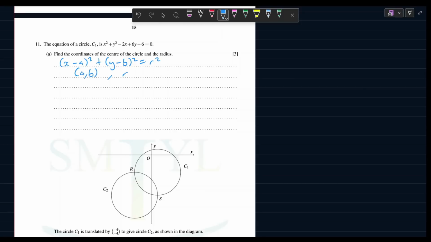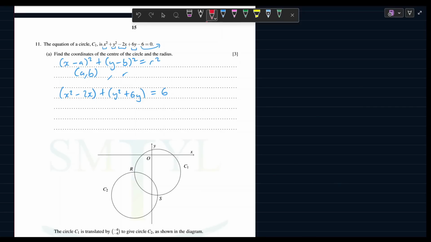And so the way we're going to do that is first we group the terms that have x together. So we want to have x squared minus 2x, and then group the terms that have y together. So plus y squared plus 6y. And then any constants, you want to move them to the right. So the negative 6 moves to the right and it becomes positive 6.